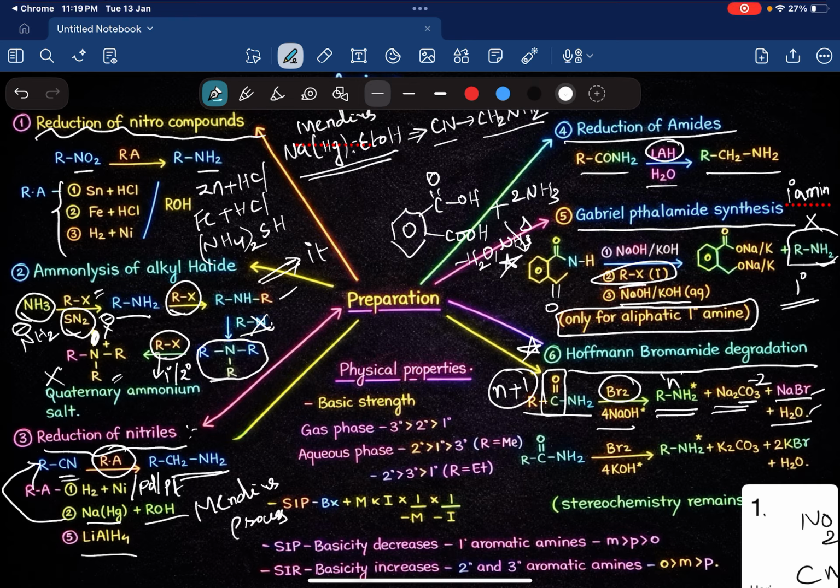And here, whatever stereochemistry the reactant has, the same stereochemistry is observed in the product. So the retention product is the major product, not the inversion product, in this case. And coming to the next, the intermediate in this reaction is alkyl isocyanate.